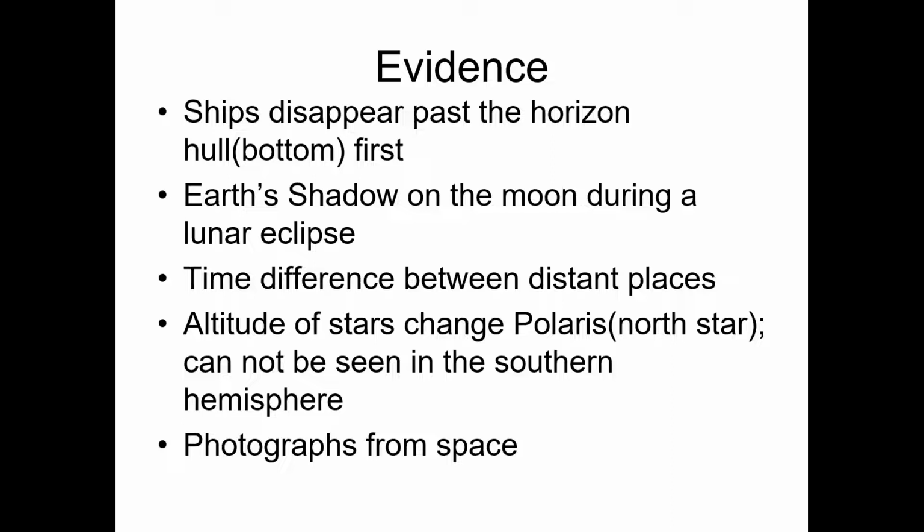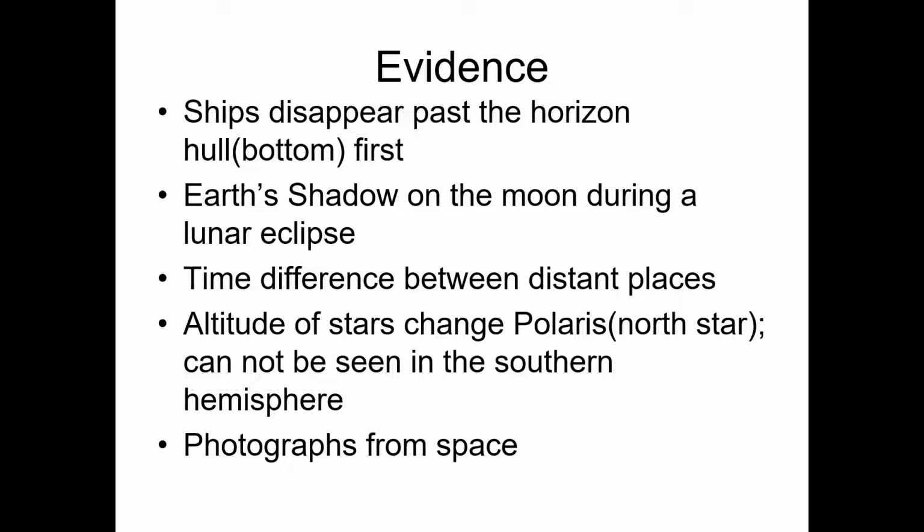But what they noticed was when it went around the curvature of the earth, it didn't just tip over and fall off. It kind of disappeared like this because the boat was going around a round object, not falling off a flat surface. So it would just go down. They probably didn't think anything of it. But then a few other things started to pop up.